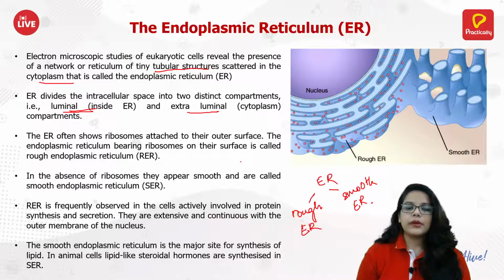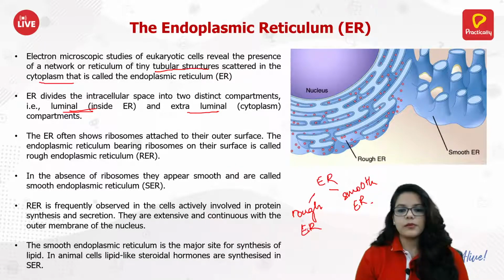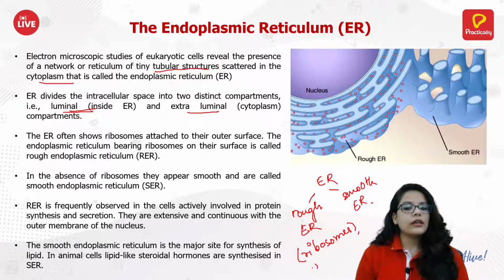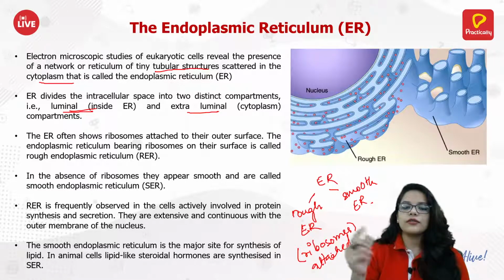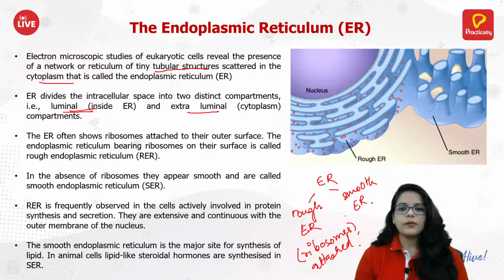Why like that? Because in the rough endoplasmic reticulum, there are ribosomes attached to it. Since ribosomes are attached, if you touch it, it will be rough in nature. Here in this picture, you can see these red markings of the ribosomes.